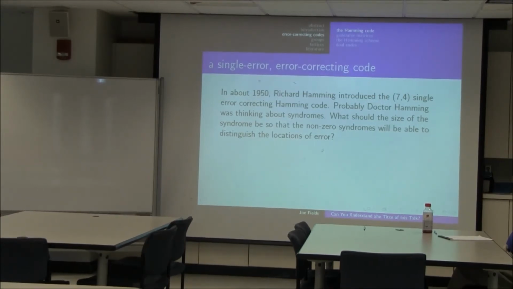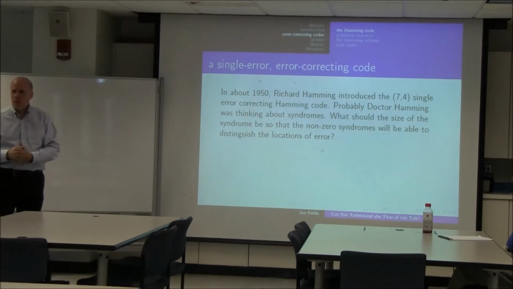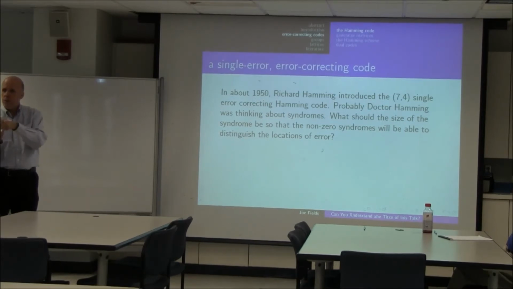So I'm just going to ask this as a generic thing. How big do the syndromes need to be so that I'll be able to distinguish errors in an ASCII word? Less than 8 bits, yeah. I need to distinguish, think about where errors can happen. There's only 8 positions, so I need enough data in my syndrome to distinguish 8 different possibilities. Now, how many binary vectors are there of length 2, for instance?